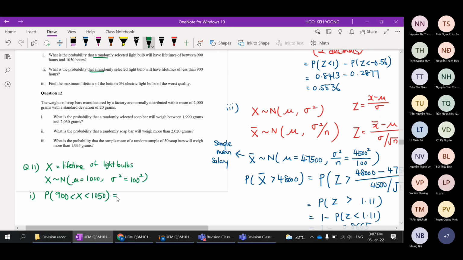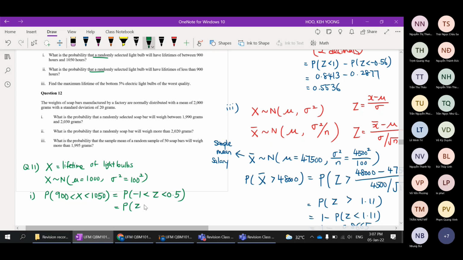Okay, convert both to Z value. What would you get? -1 and 0.5. Okay, how do you calculate the probability between these two values?